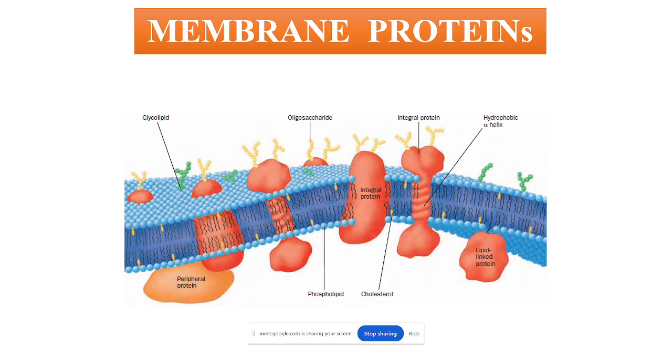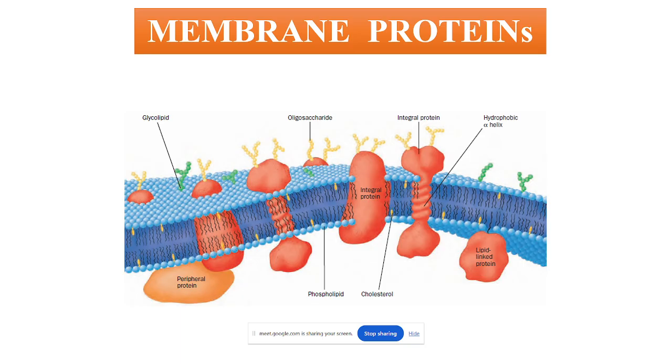When we talk about membrane proteins, the first thing that comes to our mind is the phospholipid bilayer. The phospholipid bilayer has different types of lipids. Why do we call it the phospholipid bilayer? You all know about that.